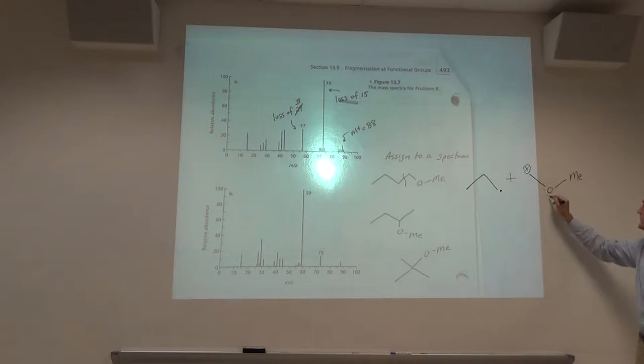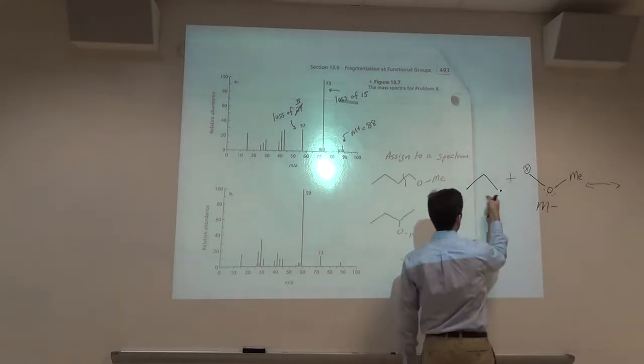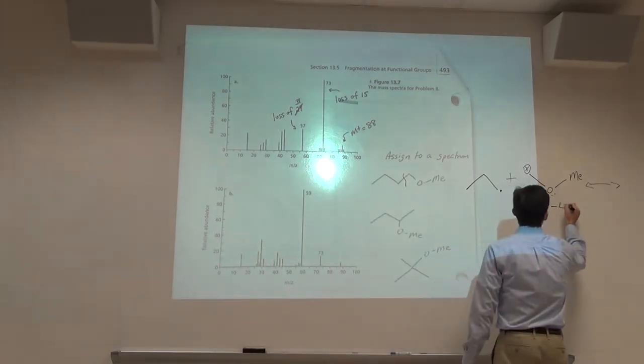Cation next to a lone pair. We could show resonance there. But in terms of what this would be, M minus, what did we lose? That's a propyl, that's M minus 43.